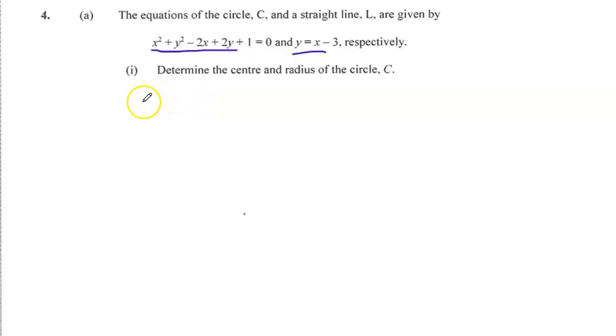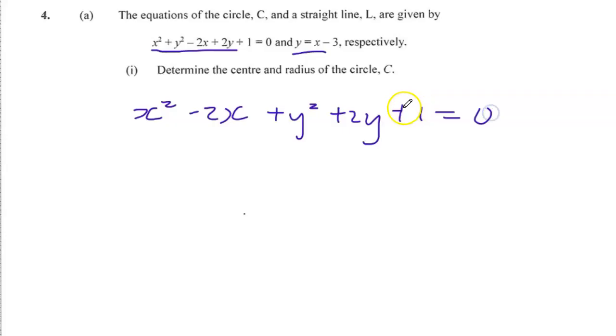So the circle, let me just put the x's together. So x squared minus 2x, and then we have y squared plus 2y. And let me just keep the positive one here for now. Okay, so we can complete the square.